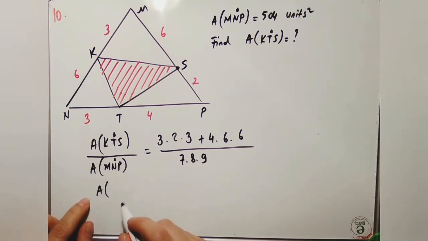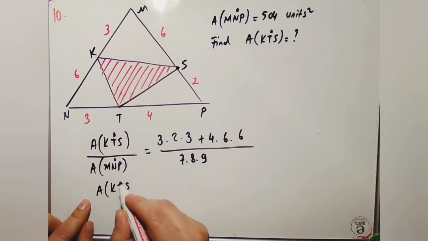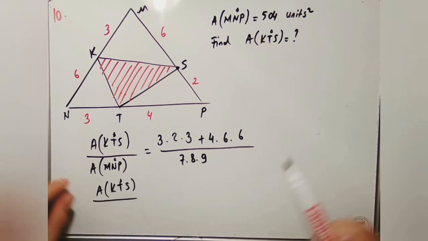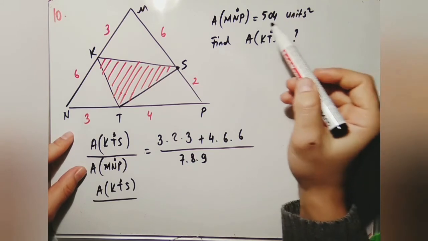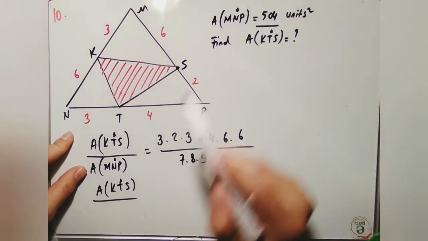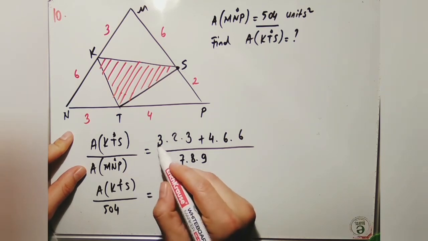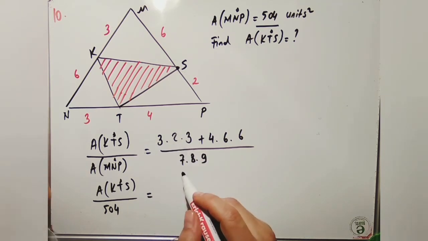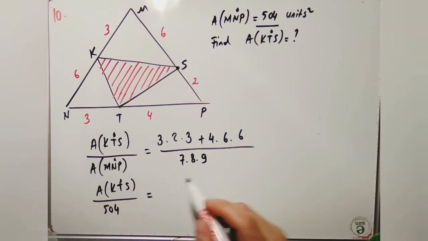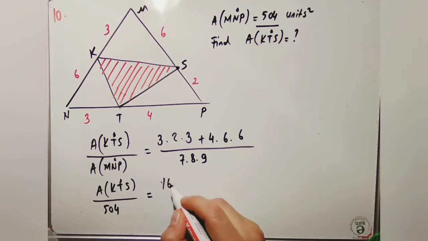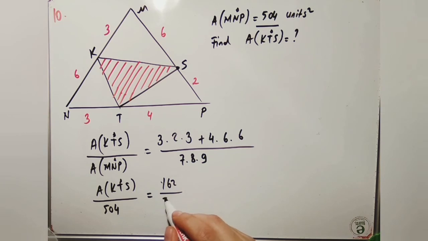So the area of triangle KTS over the area of triangle MNP, which is given as 504 units square, is equal to 3 times 3 is 9 times 2, 18, and 144, which is 162 over 504.